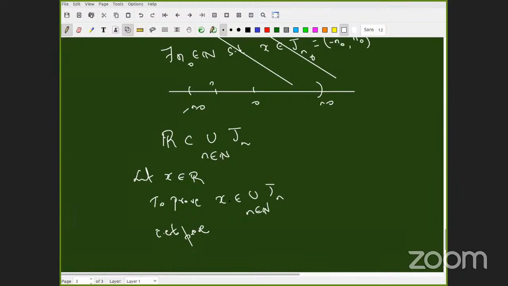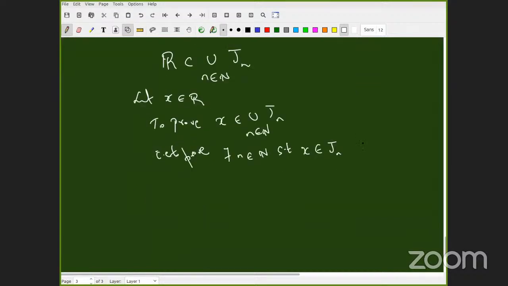So to prove: there exists n in N such that x belongs to Jn. Very good, that's what we have to prove. But what is Jn for us? I'm asking questions at each step. Jn is minus n comma n. We want to prove x is in minus n comma n.